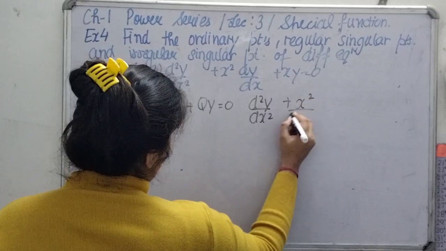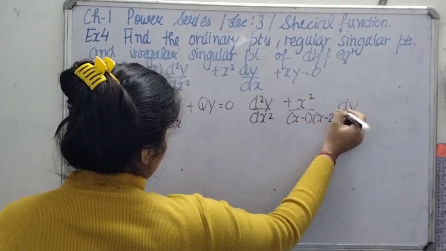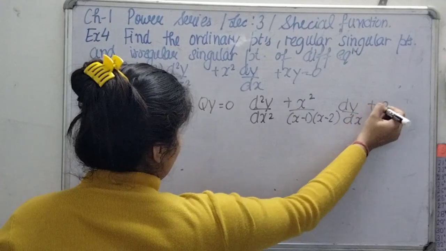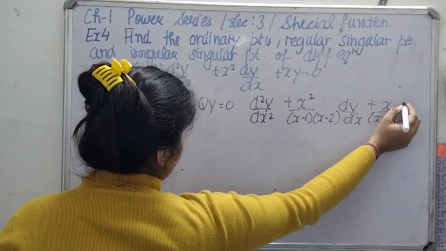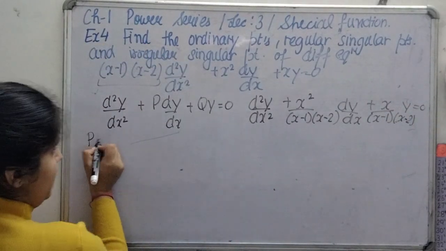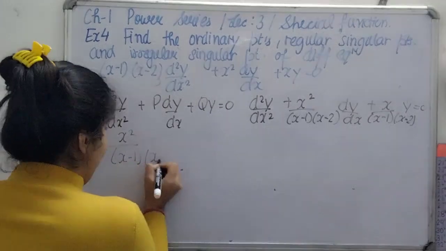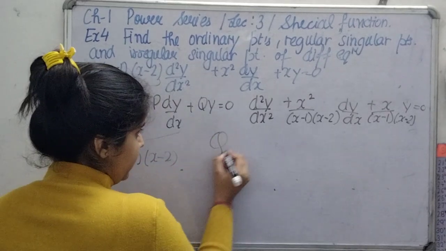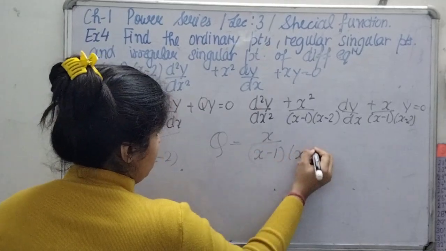So it comes d square y by dx square plus x square upon x minus 1, x minus 2 dy by dx plus x upon x minus 1, x minus 2 into y is equal to 0. So from here we get p is equal to x square upon x minus 1, x minus 2 and q is equal to x upon x minus 1, x minus 2.